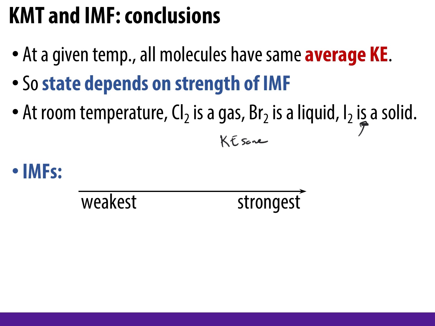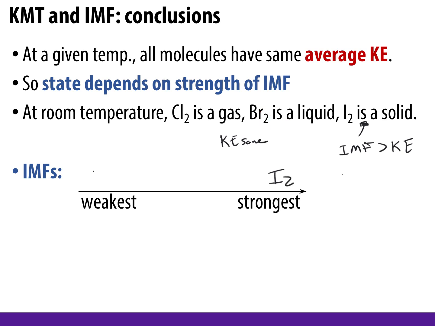I2 is a solid. That means the IMFs here are greater than the kinetic energy. So this one is going to have the biggest intermolecular forces. Its intermolecular forces are so strong that we're still in the solid state, even at room temperature, where we have a moderate amount of kinetic energy. Similarly, Br2 is a liquid.